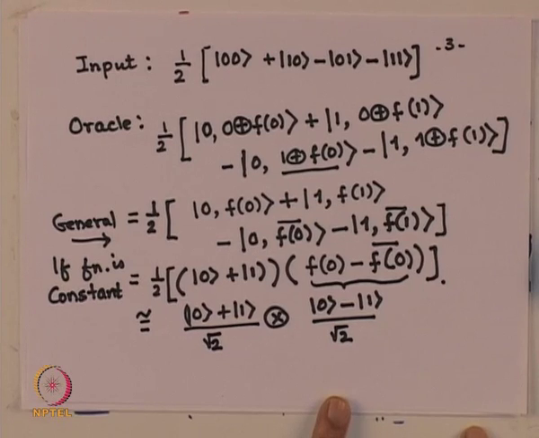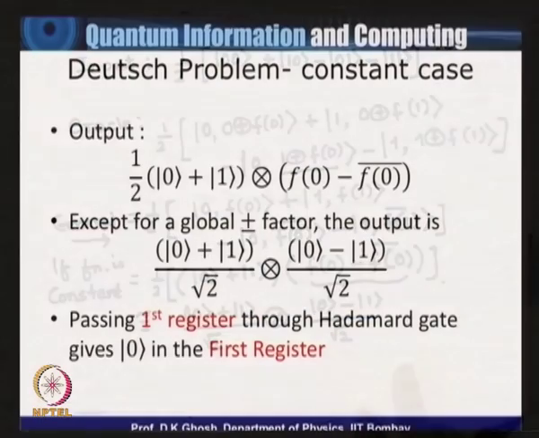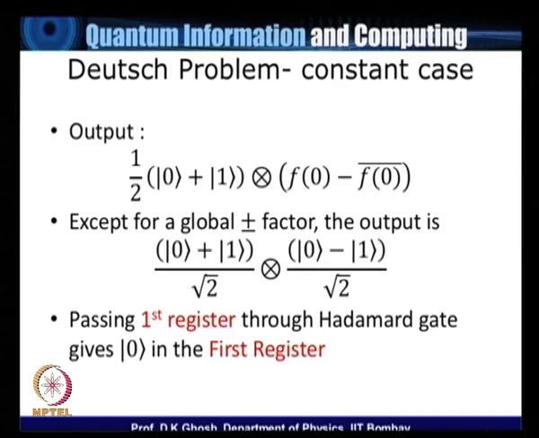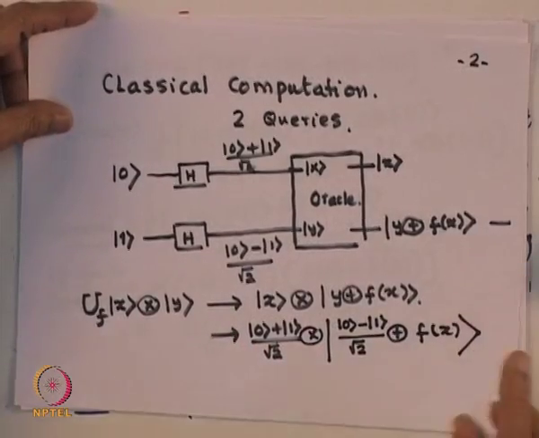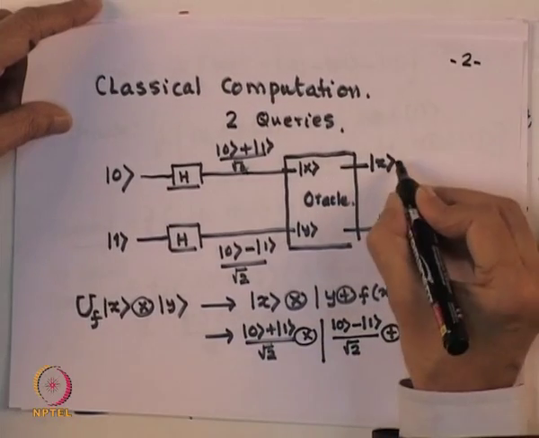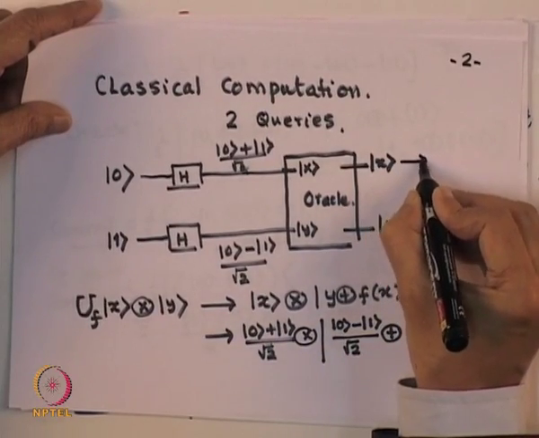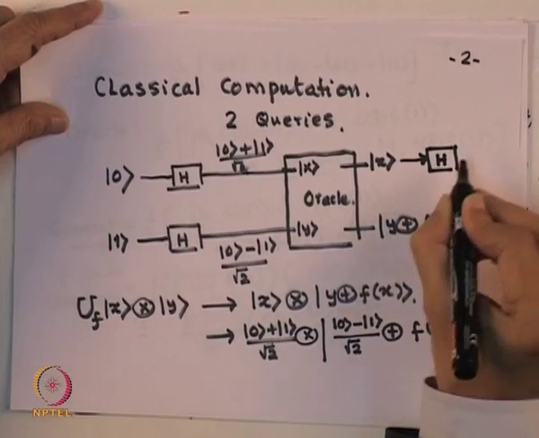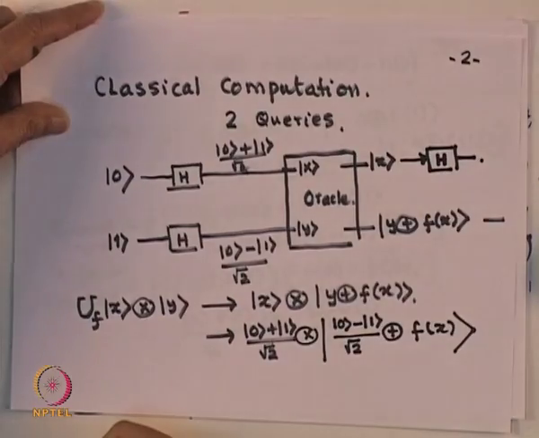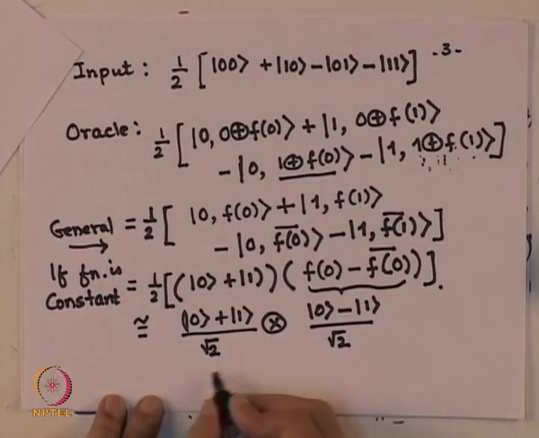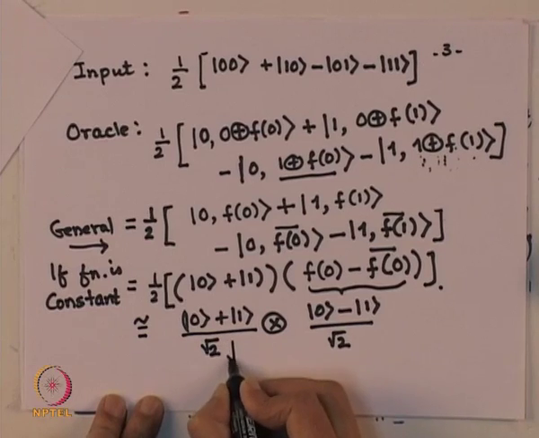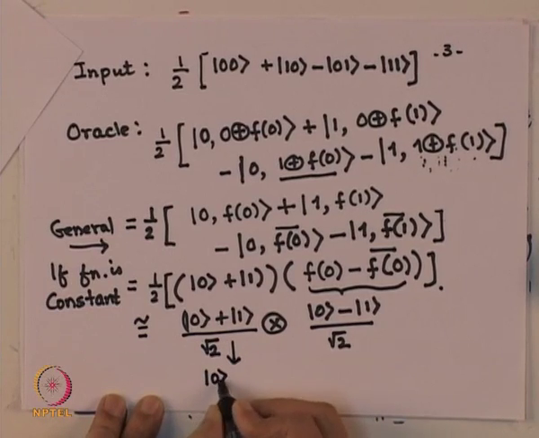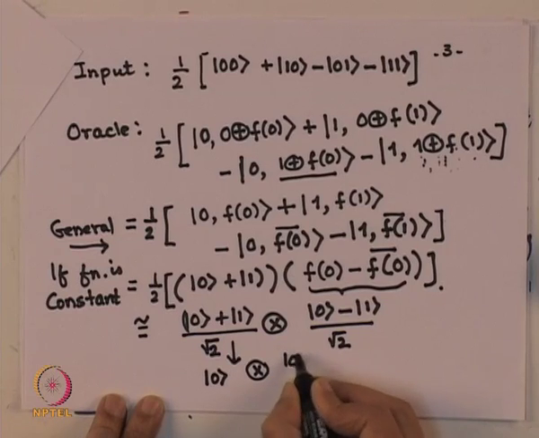So therefore, now if I were to pass this through a Hadamard gate, let me bring back my picture. If the first register is passed through a Hadamard gate, what will happen? I will get this as 0, and of course this will be (0 minus 1)/root 2.